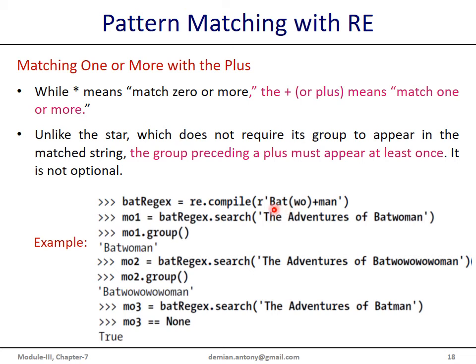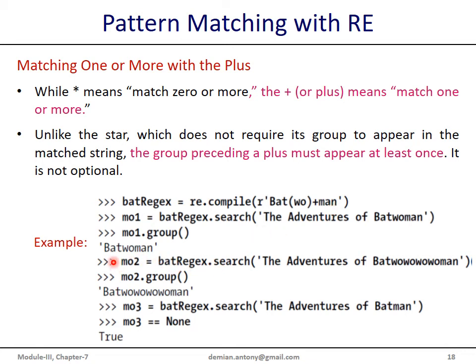To have such patterns recognized, we have to enclose this WO in parentheses and we have to use the regular expression character plus. It means at least one occurrence or more occurrences. This regular expression will not match Batman because this WO has to appear at least once, and thus this pattern will not match Batman, and it matches Batwoman and Bat WO repeated any number of times.